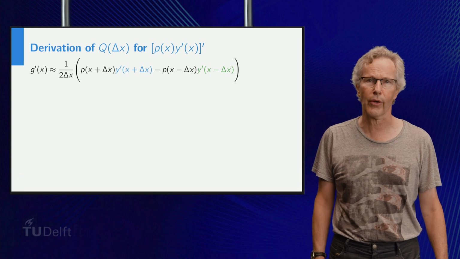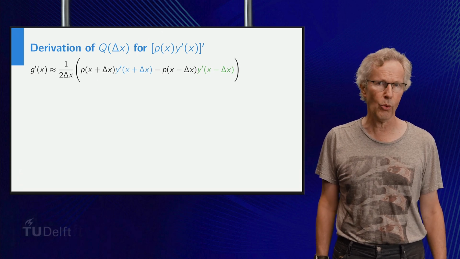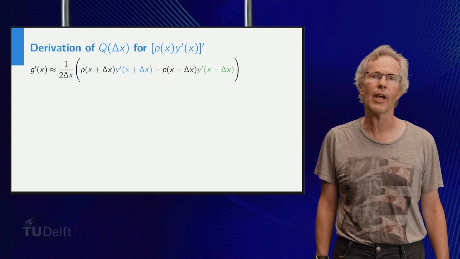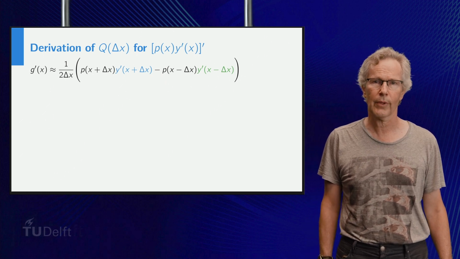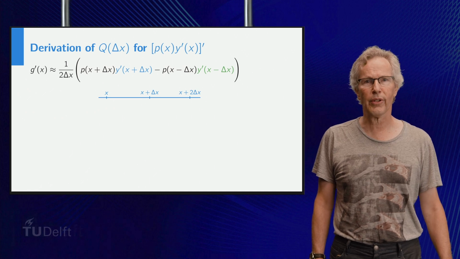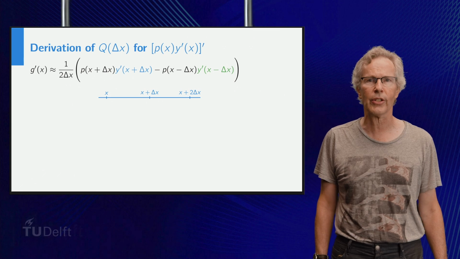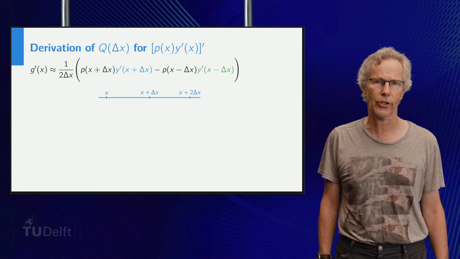Still, there are first derivatives involved, shown in blue and green. We will again approximate these first derivatives with central differences. In the central difference for location x plus delta x, we use locations x and x plus 2 times delta x.